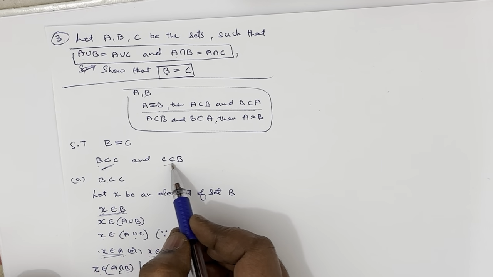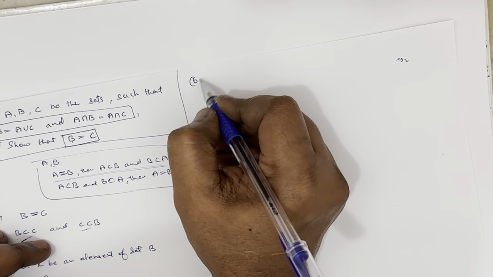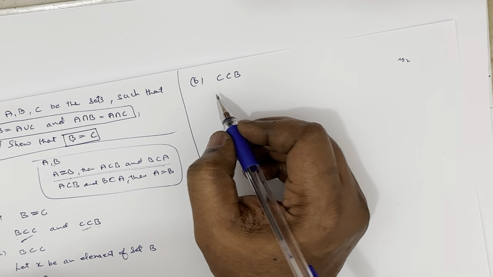Now let's prove that C is a subset of B. Let's take an element.